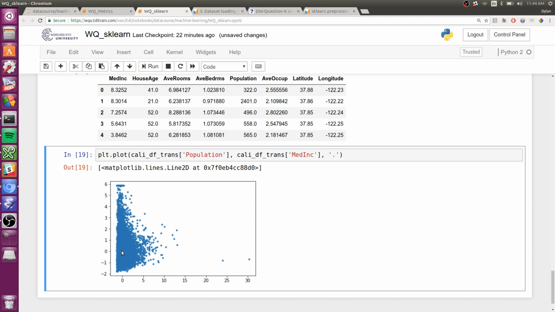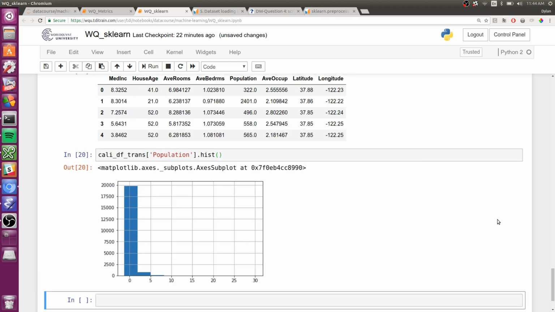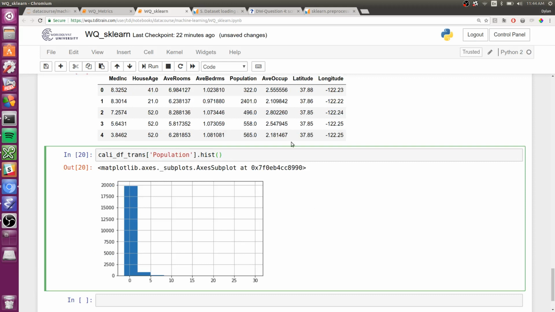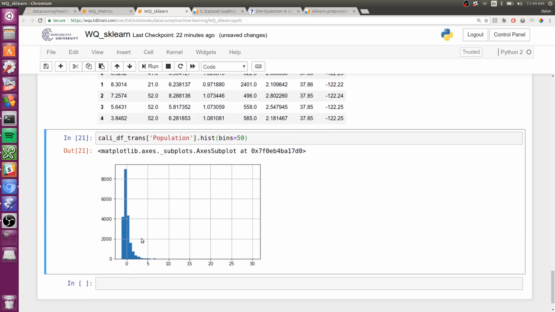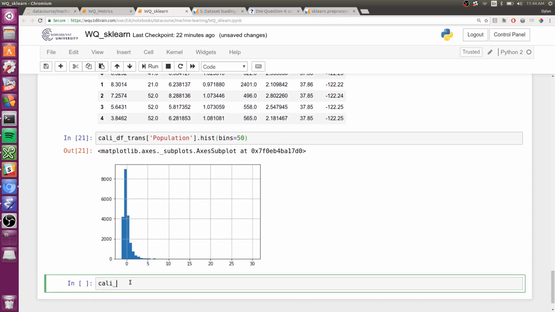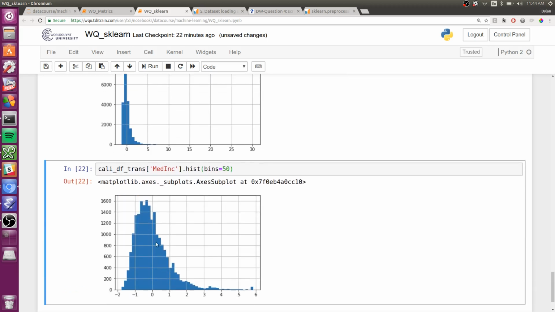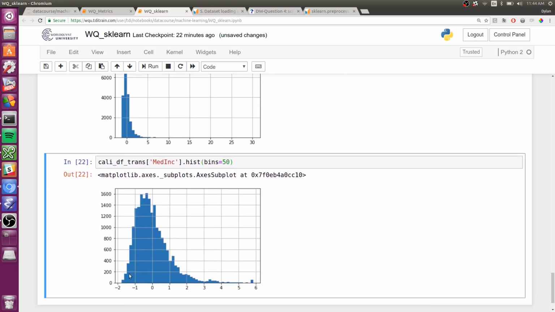And maybe what I should do instead, actually, is look at some histograms. So population and median income are both skewed. Median income somewhat less so.